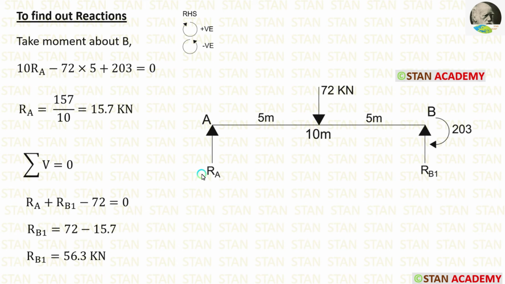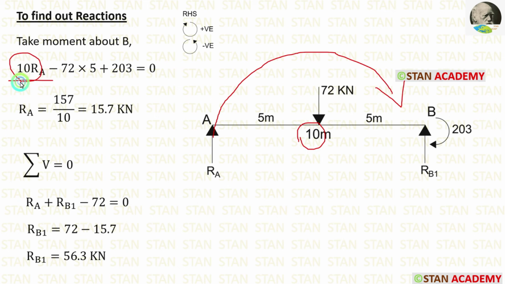In this span, first I am going to calculate the reaction RA. For that, I am going to take moment about B. In this case, I am moving towards right hand side. Clockwise will be positive and anticlockwise will be negative. The reaction RA is acting towards the point B in the clockwise direction. So it will be positive and the distance is 10 meter.